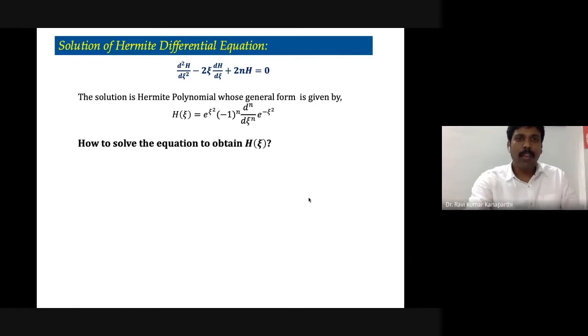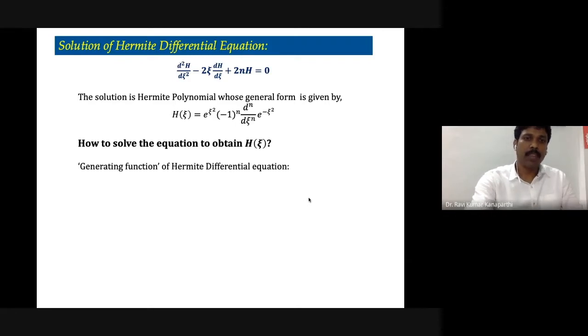Now, in this class, I will try to explain how to solve the Hermite differential equation for h of z. Any differential equation, especially special differential equations like the Laguerre differential equation or the Hermite differential equation, has solutions that are obtained from a generating function.